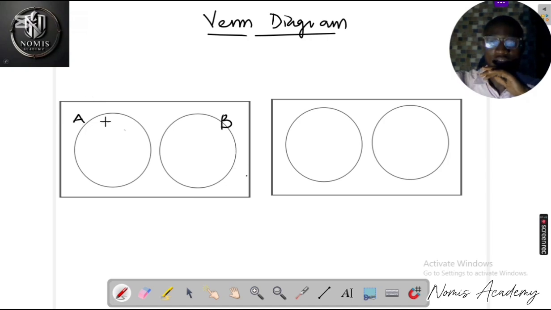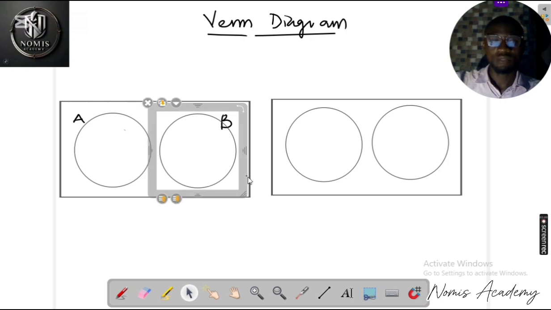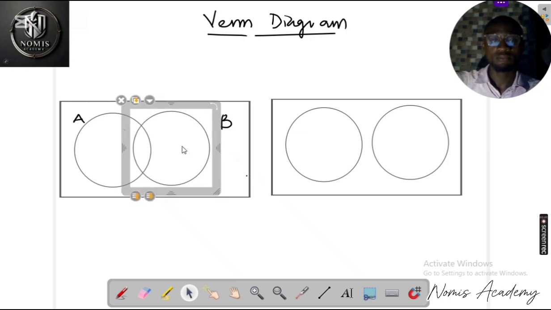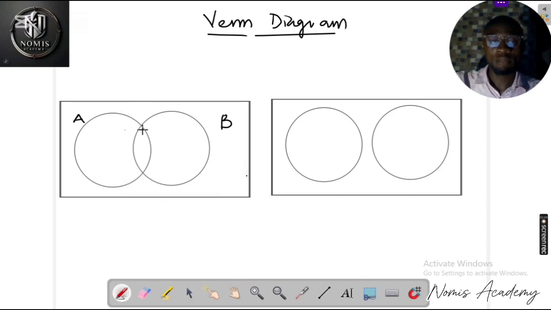So from a universal set, we could have set A, that is a subset of universal set, and we could have set B. So when we say that A intersects B, we are talking about the common element of A and B, that is elements that are in A and elements that are in B. And if that is the case, that means this diagram will be like this. Then the common element will be here.